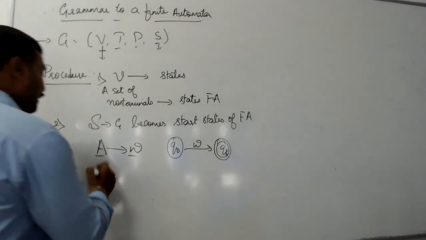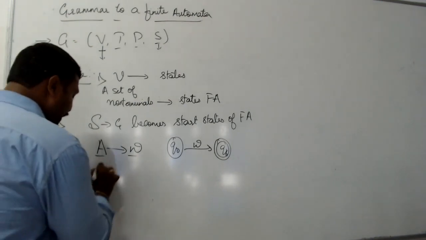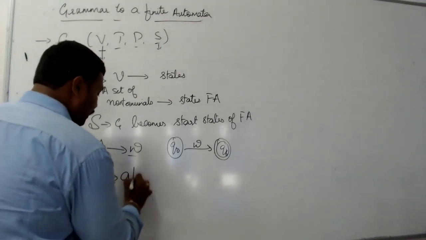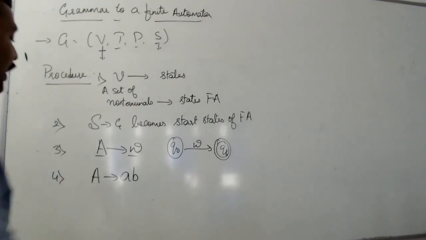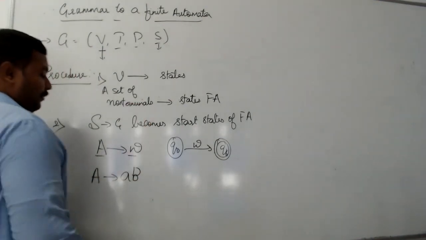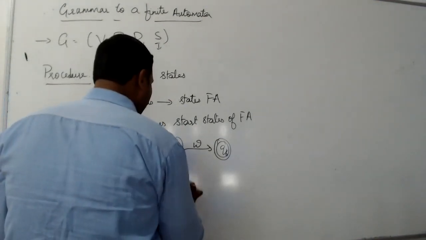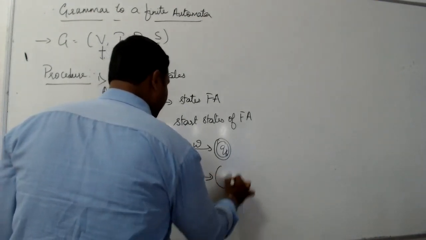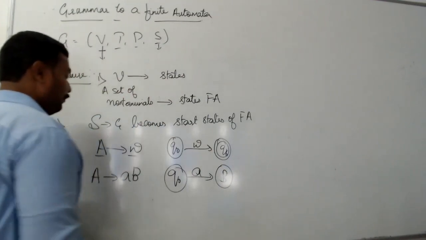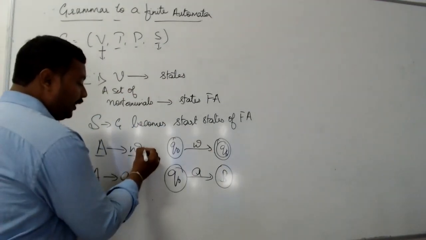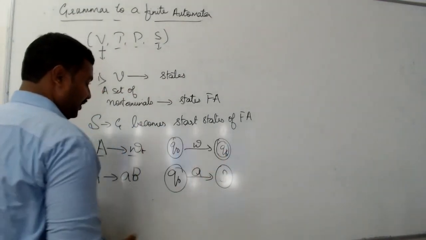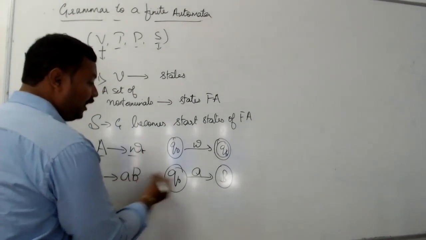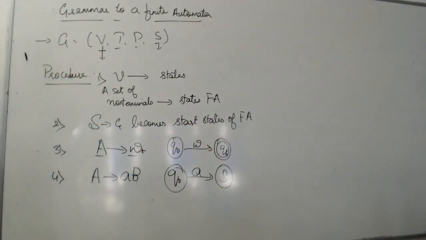If any production is in the form A tends to aB, it means a state transition from state A to state B upon a. If it is having only a terminal, then it goes to a final state. If it is having a terminal and a non-terminal, it is not a final state.